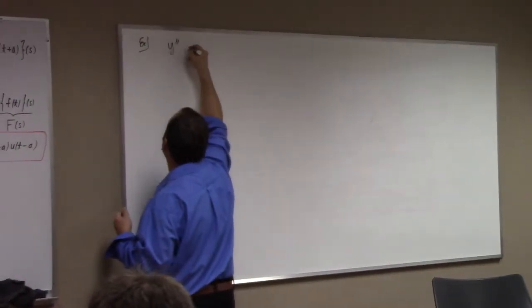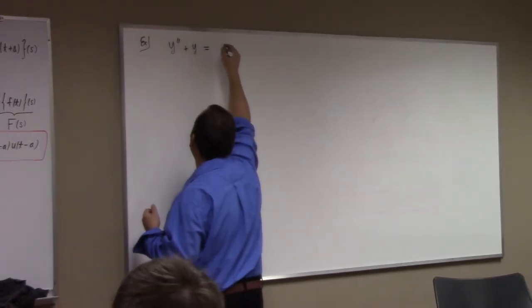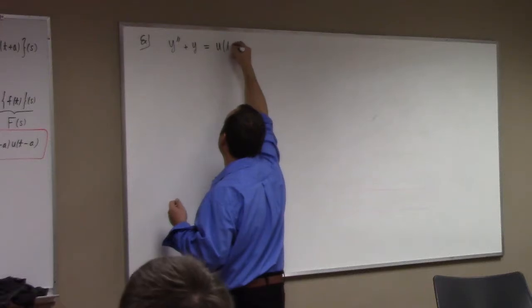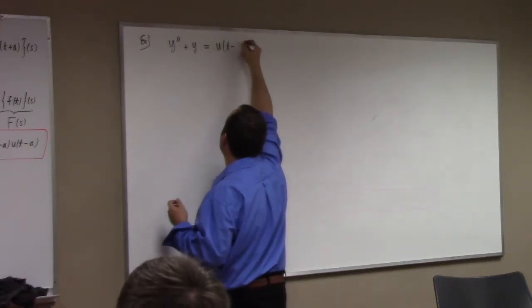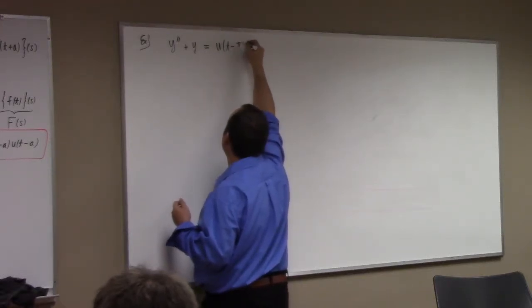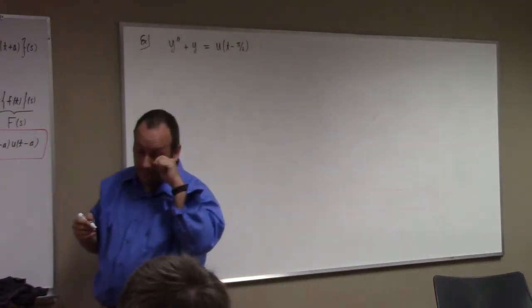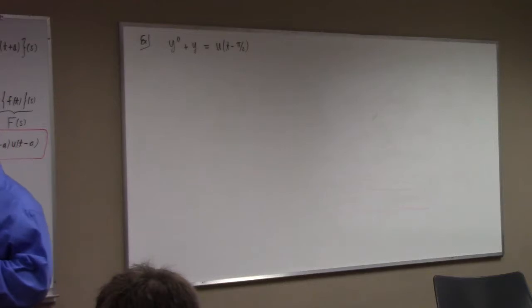Example. Suppose you're going to solve y prime prime plus y equal to the unit step function of t minus pi over 2. And we need some initial conditions, perhaps.